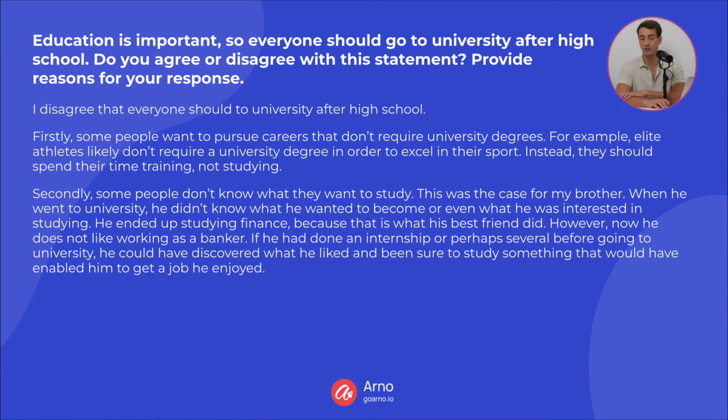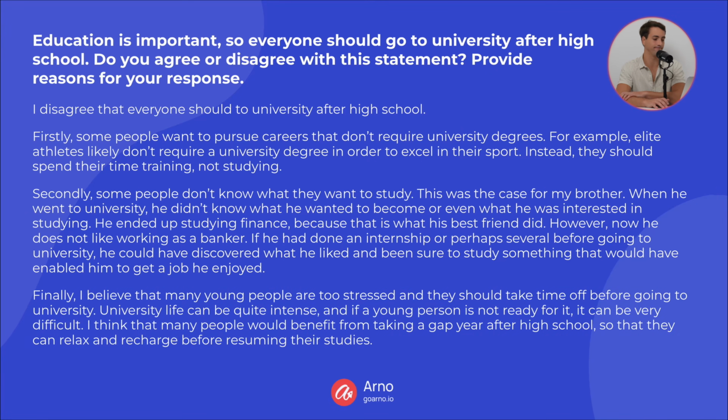Now, if my target score is less than 120, this would be a sufficient response. I have a clear statement of my opinion and 2 clear, well-developed reasons with examples why I hold that opinion. But if my target score is 120 or higher, it would really be best if I added a third reason.